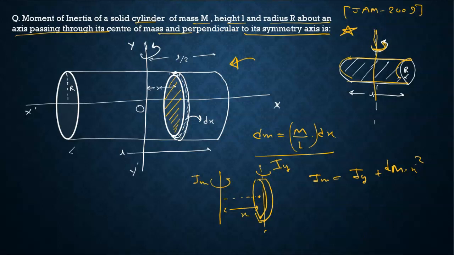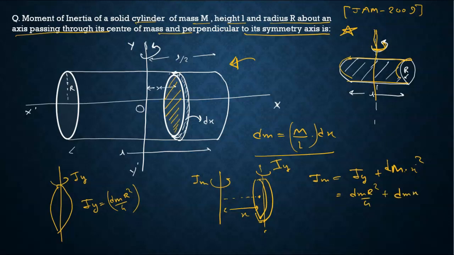Now the Iy is like, if we have a disk and we are rotating it by its diameter, we know that Iy equals dm r square by 4, because the moment of inertia of a disk about its diameter is mr square by 4. So simply we will write here dm r square by 4 plus dm x square.